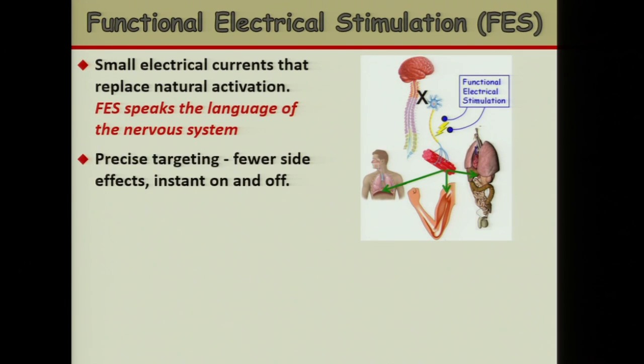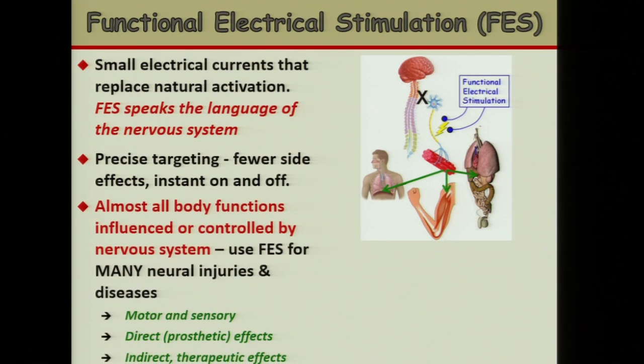It has a lot of advantages, some of which are we can precisely target the function that we want and have very few side effects. We can turn it on and off and have almost instantaneous effects. And finally, just about all body functions are either controlled by the nervous system or influenced by the nervous system.